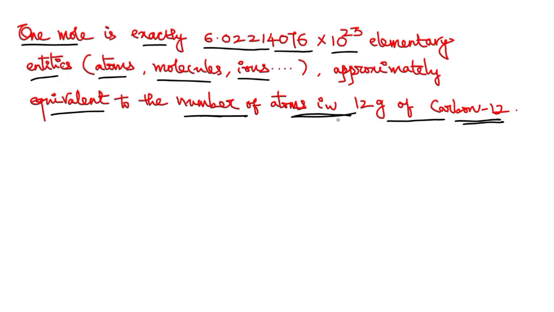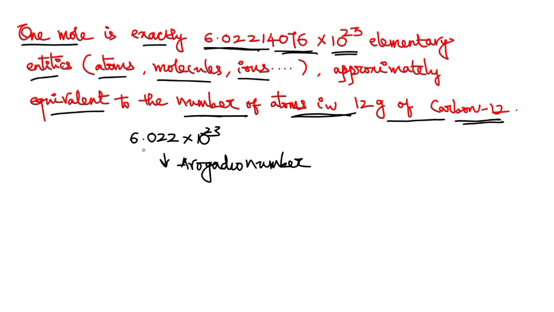In 12 grams of carbon 12, the number of particles will be 6.022 into 10 power 23. So this is taken as a mole. Roughly, we can write it as 6.022 into 10 power 23, and this number is the Avogadro number.